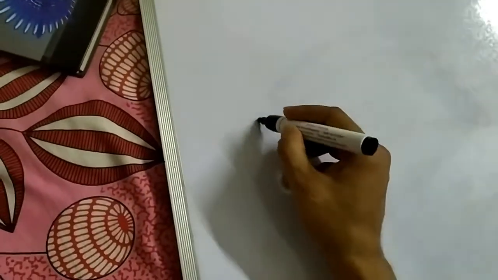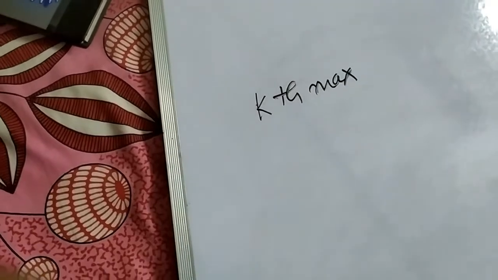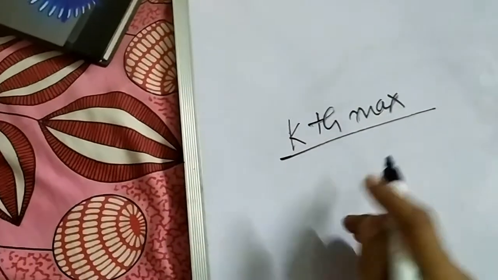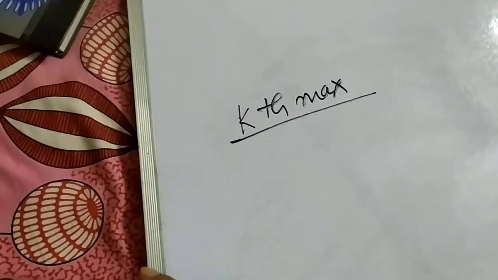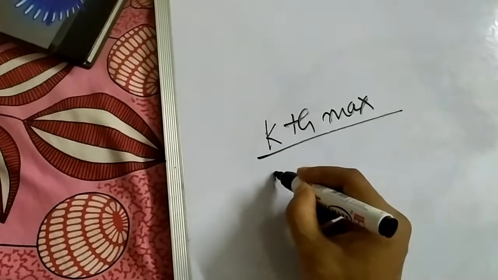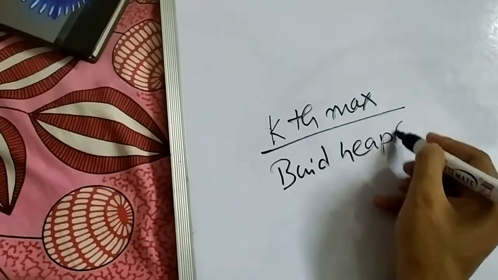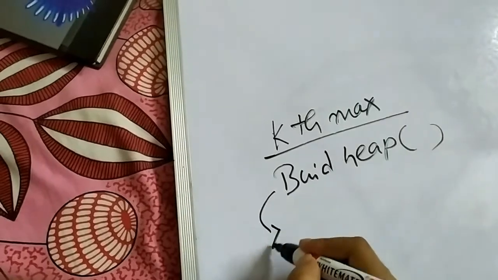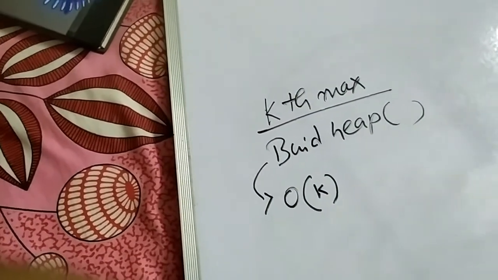To find the kth maximum, or we can analyze it for the kth minimum also, that's not a big issue. To find the kth maximum, we were creating a heap of size k using the build heap function. We can build a heap within order of k time, because the size of our heap is k.